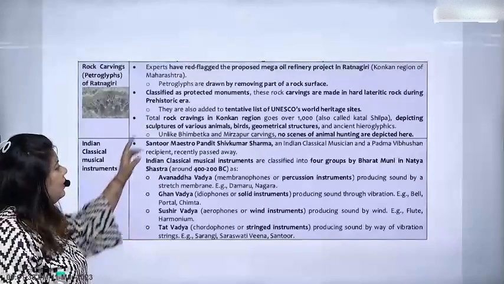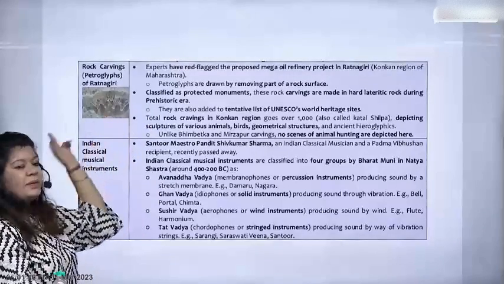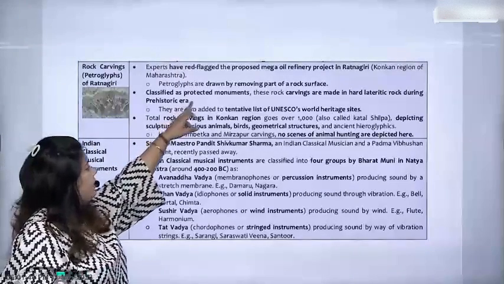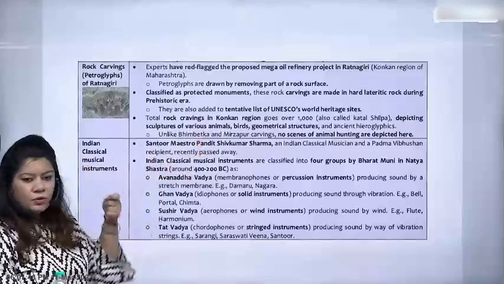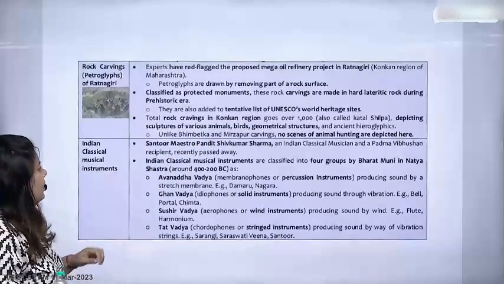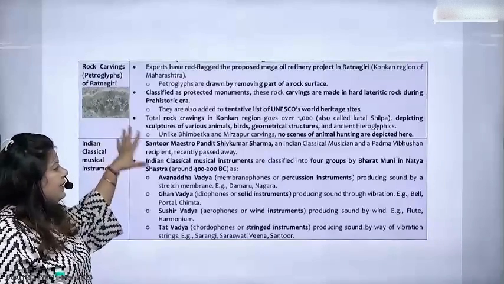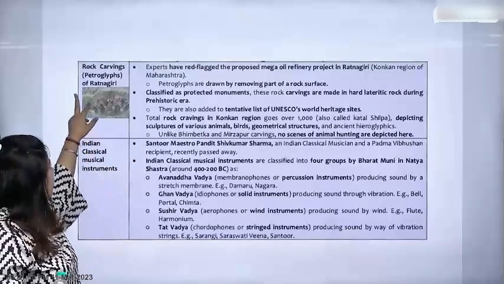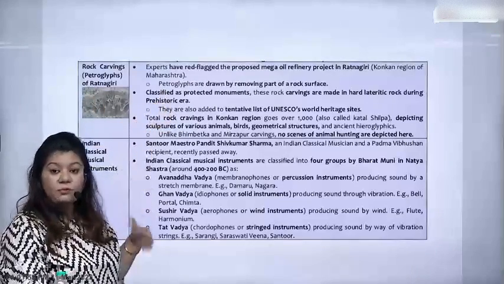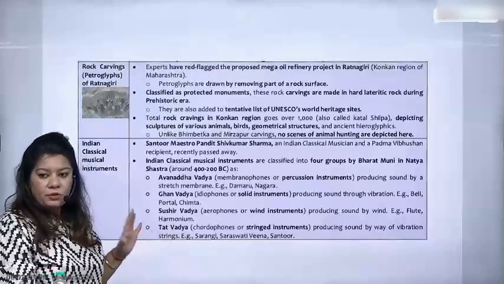Like in Bhimbetka also, you have. They are drawn by removing a part of the rock surface, as he's saying, you remove a little bit and then it's painted, right? So they have been recently added to the tentative list. That's why this can be a probable question, in that form, so you should know what petroglyphs are exactly.